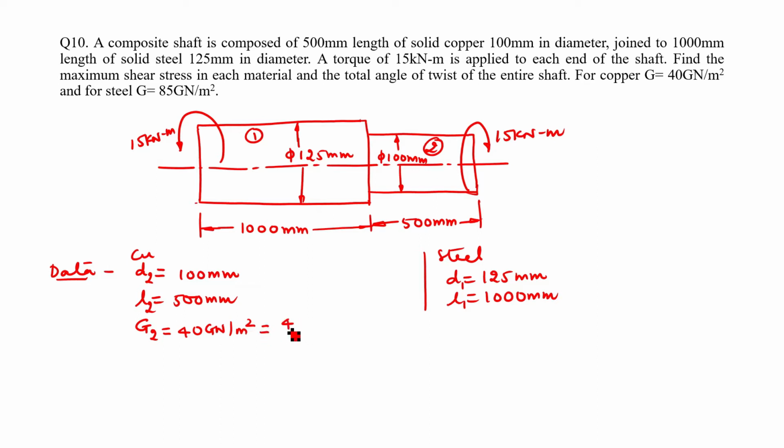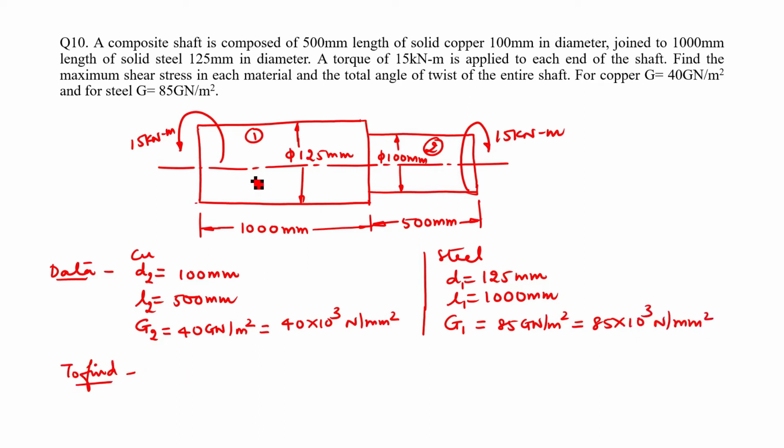This will be 40 into 10 raised to 3 Newton per mm square. And G for steel is given as 85 giganewton per meter square, which will be 85 into 10 raised to 3 Newton per mm square.